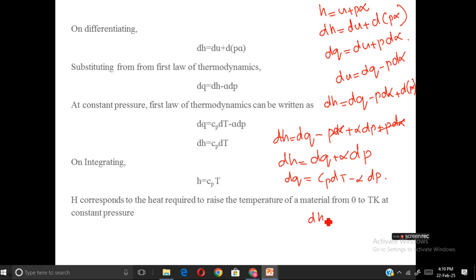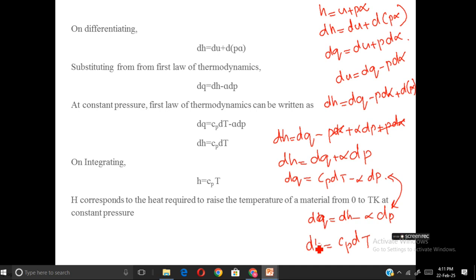This can be rewritten as dQ is equal to dH minus alpha dP. So if we see these two equations, Cp dT and dH are the same, since all other values are similar. So dH can be written as Cp into dT.